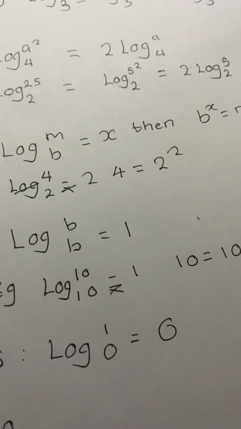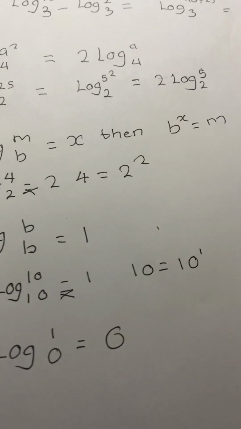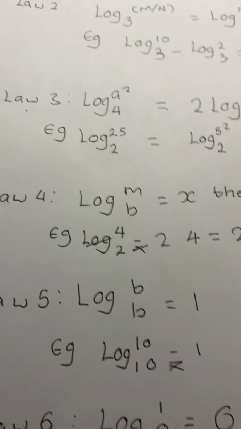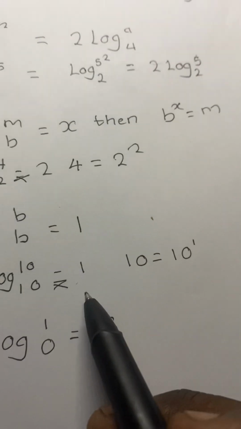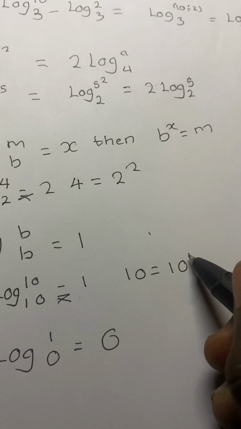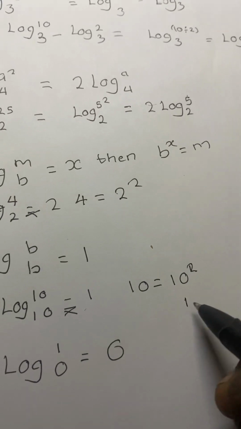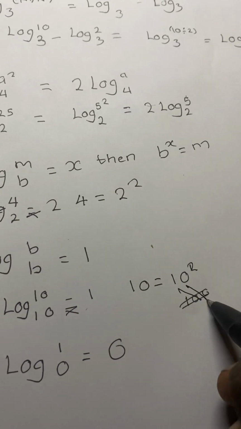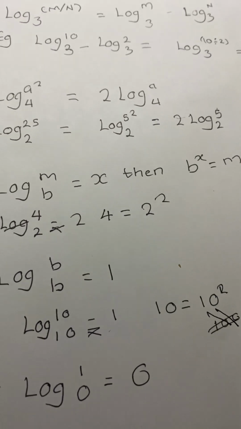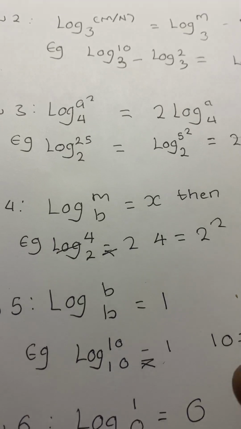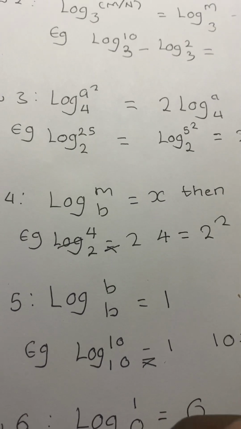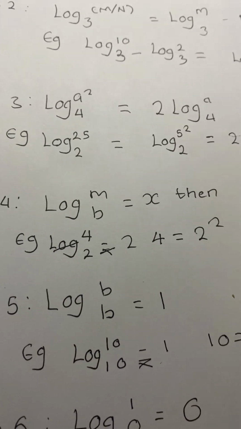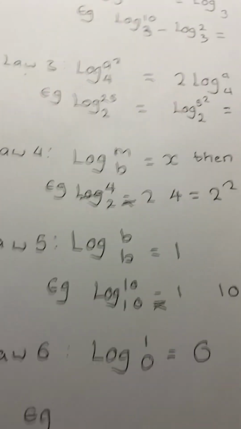No matter the case, it must always be equal to 1, because assuming it's equal to something like 2, it will be 100, which isn't correct. So when the power and base of a logarithm are the same, the answer is always 1.